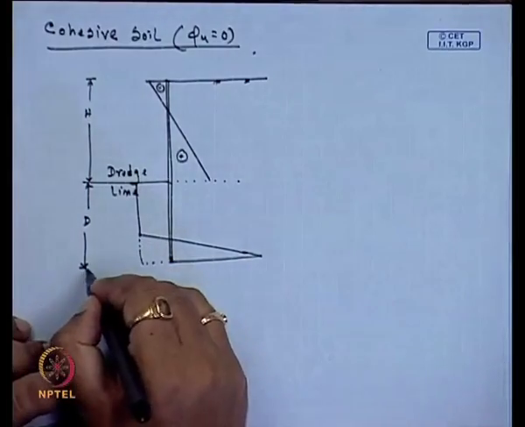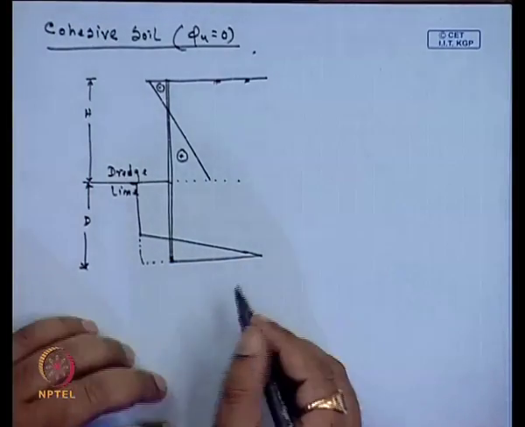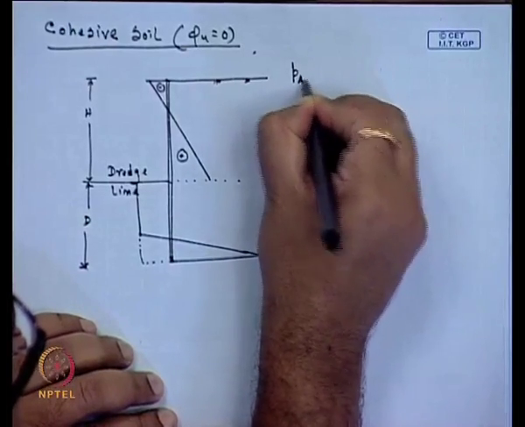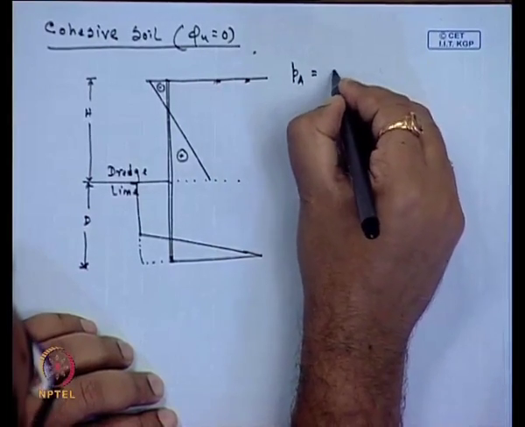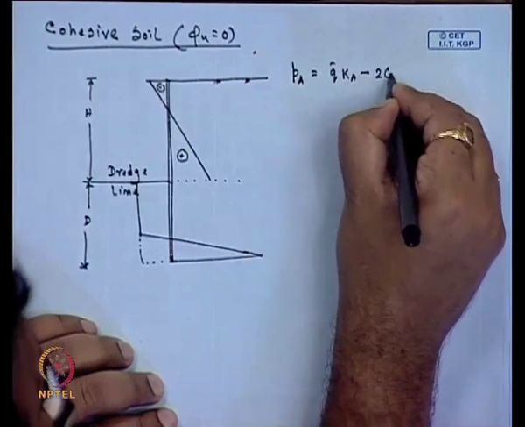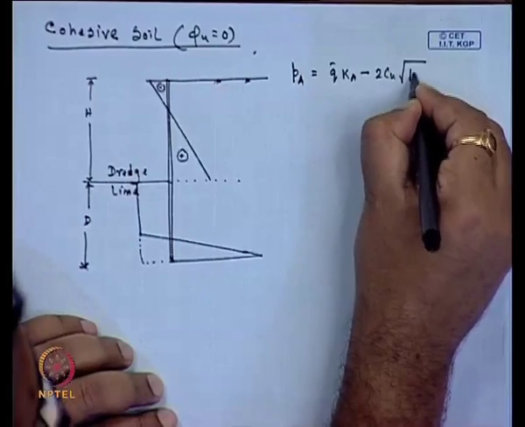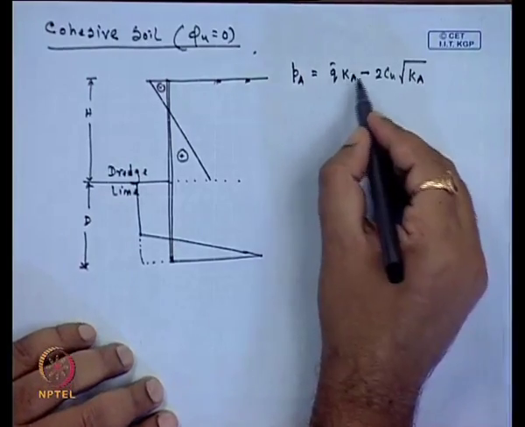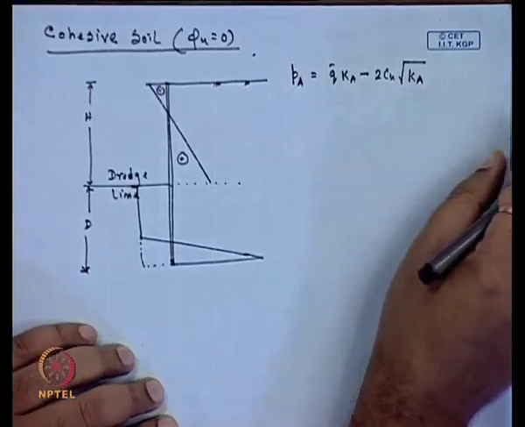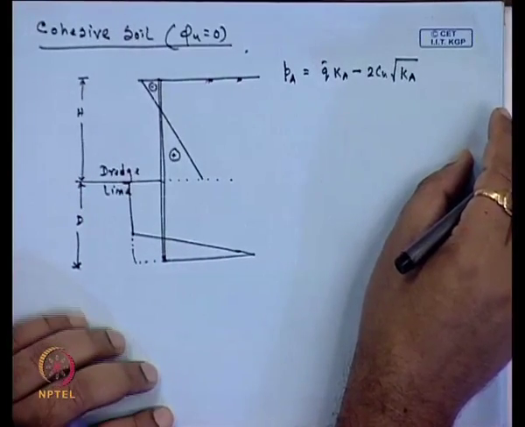Now, here the first expression of P_A is equal to Q bar into K_A minus 2 C_u root K_A. K_A is the coefficient of active earth pressure.